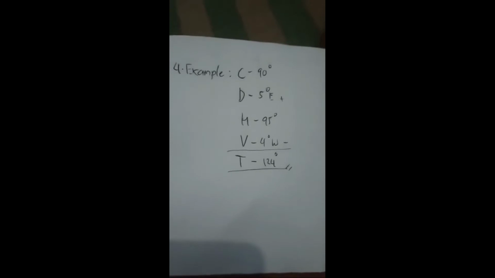Number 4, if the compass course, deviation, and variation are given, how to determine the true course? So we need to follow the rule twice. So you have the given, the course, deviation, and variation.